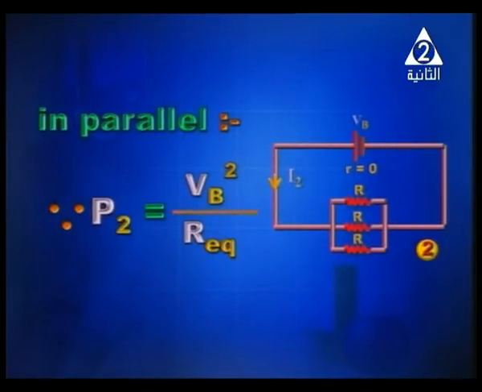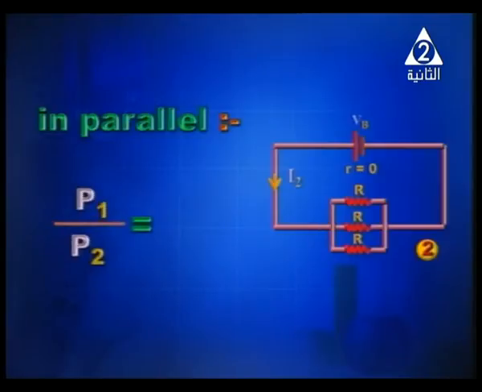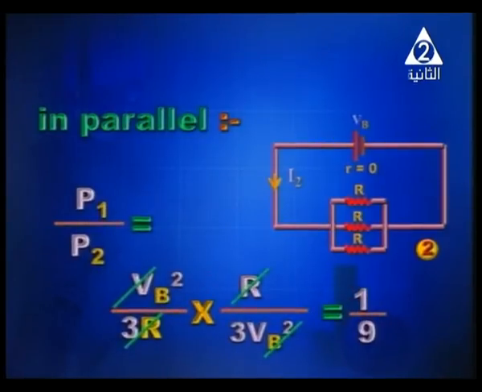It will be V battery squared over R equivalent, and R equivalent is equal to R over 3. So it is 3 VB squared over R. This is the power dissipated in the second case. Now we compare the dissipated power in the series connection to that in the parallel connection. When comparing the two powers, we obtain the ratio, which is 1 over 9.